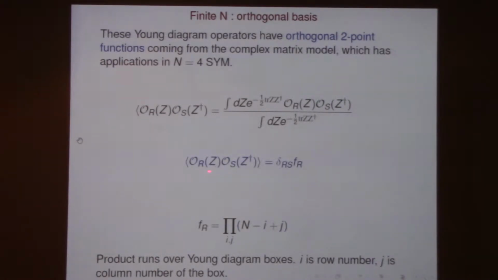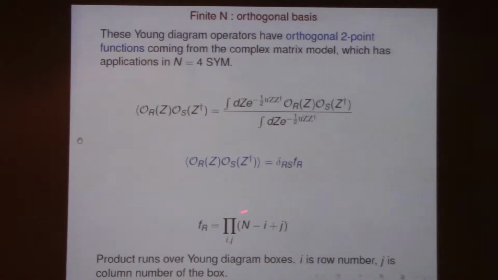So whereas multi-traces mix in the 1/n expansion, the Young diagrams do not mix. Two Young diagrams have zero correlator if the Young diagrams are different. And there's a normalization factor, which is easily expressed in terms of the structure of the Young diagrams.